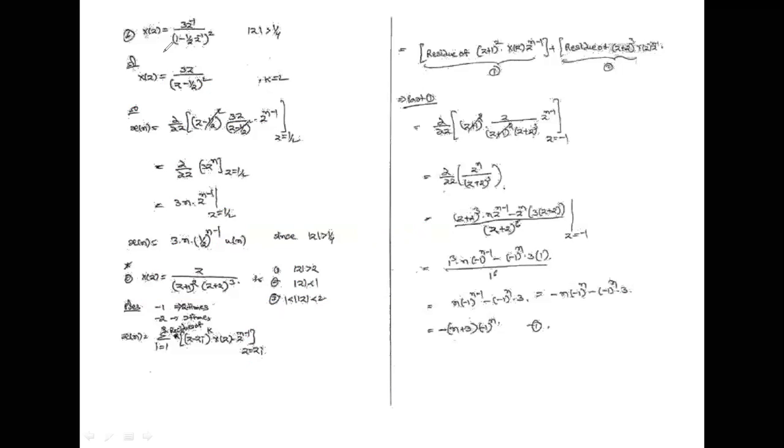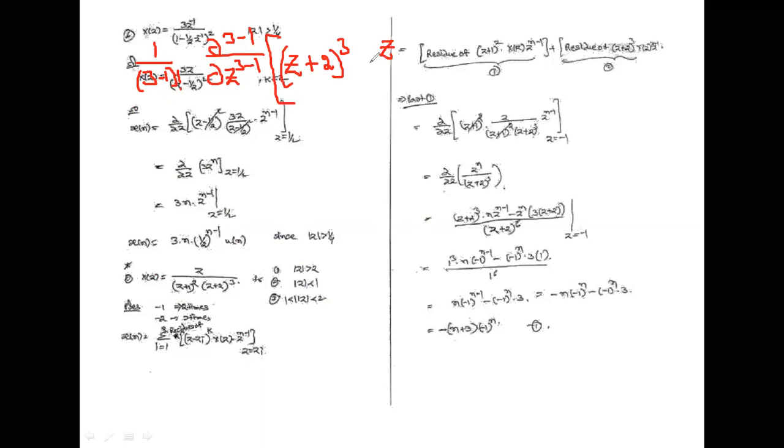3 times means now I can take 1 by k minus 1 factorial. What is the k here? The 3. So 3 minus 1 factorial and dou 3 minus 1 by dou z to the 3 minus 1, multiplied with z minus zi, which is z plus 2 whole cube, times x of z.